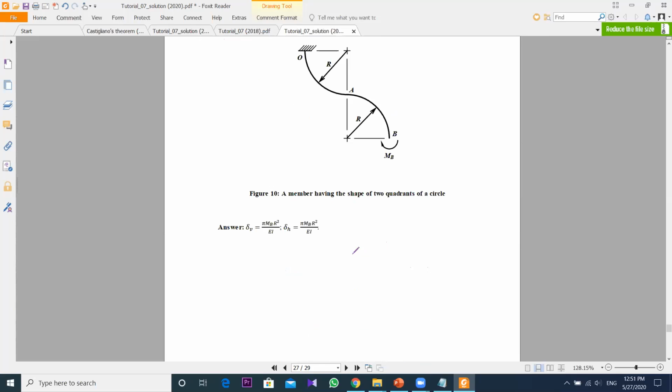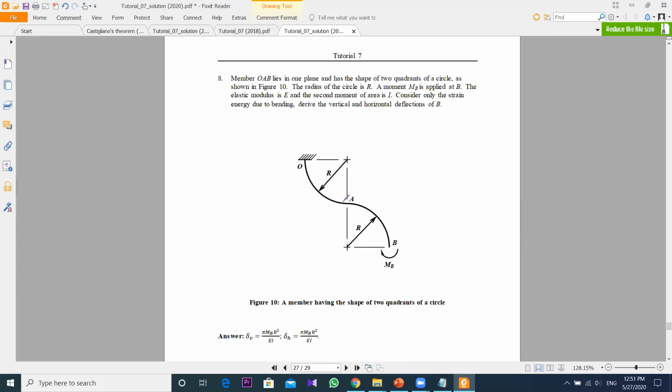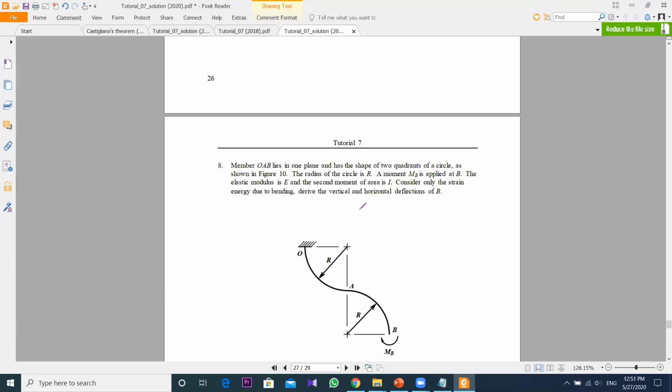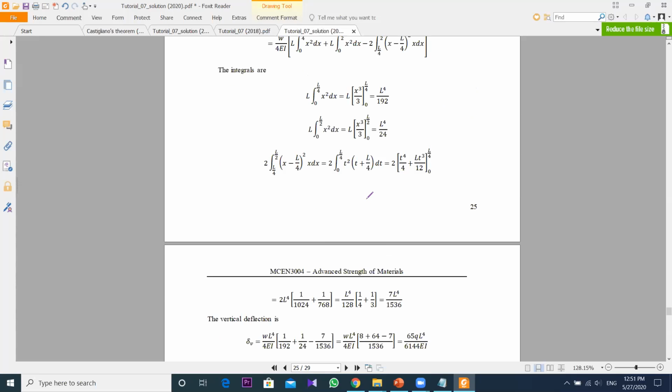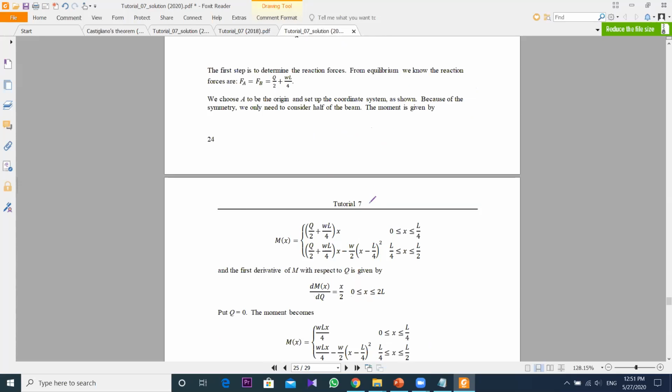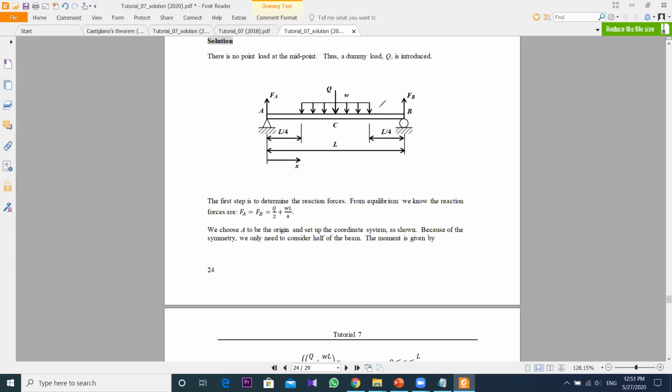It is not too difficult, but you are in trouble if a distributed load is also available here. Then please be careful at that time. Okay. If you have past papers, you can see this kind of distributed load and easily deal with it.